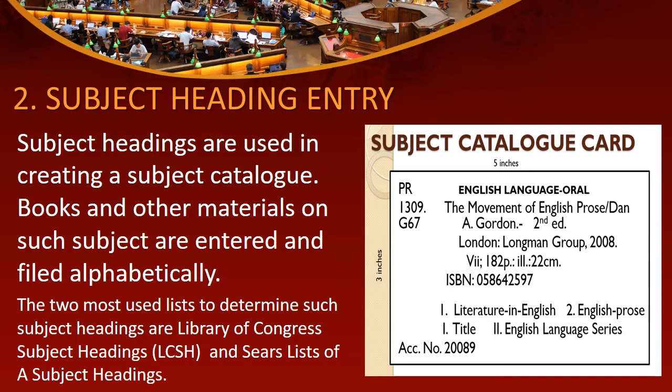As you can see, this is an example of a subject heading catalog card. The subject is what comes first. Unlike the author card, where the author comes first, in the subject catalog card the subject will come first. Then all other information that's repeated in the former one still surface.